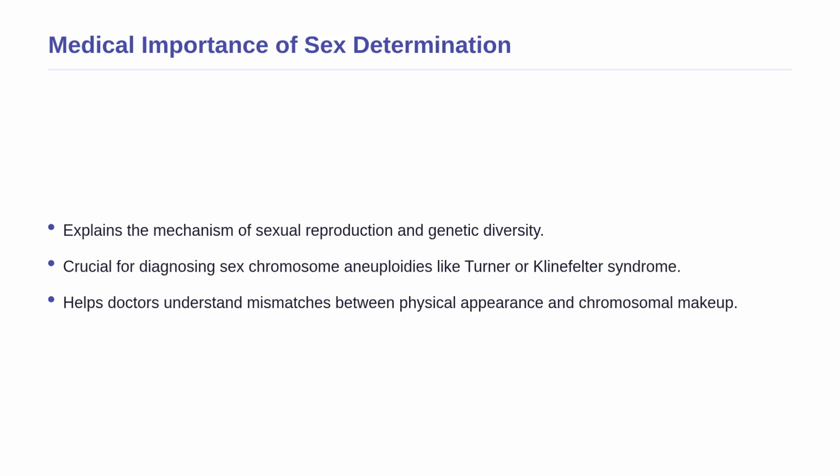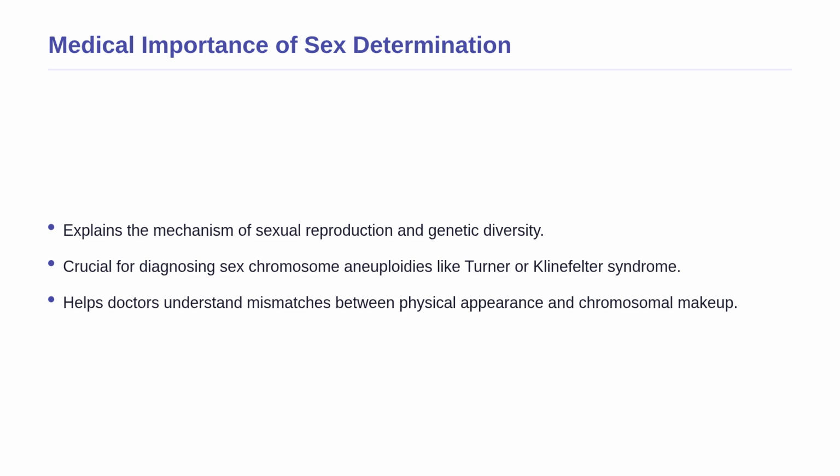Before we move into the mathematics of inheritance, we must understand why chromosomal sex determination matters so much. In basic biology, it explains the fundamental mechanism of sexual reproduction and how genetic diversity is maintained, allowing our species to adapt over generations.